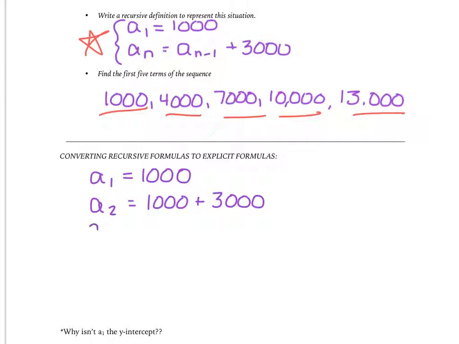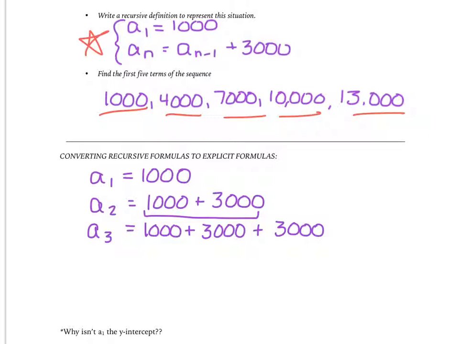Well, then to get term 3, I'm going to take what I had for term 2, so that's 1,000 plus 3,000, and add another 3,000 to it. Okay, hopefully that makes sense, that I took what I had before, 1,000 plus 3,000, and I'm adding another 3,000, so that's going to give me the 7,000 that I had up here.